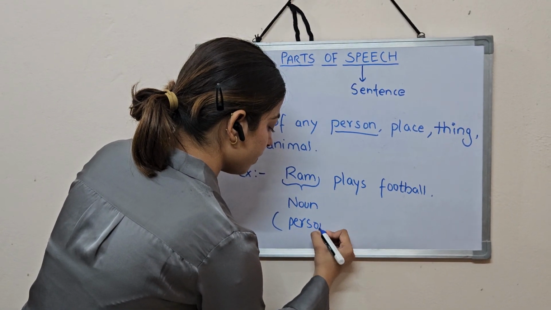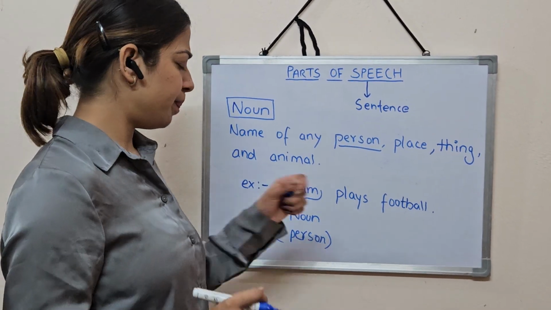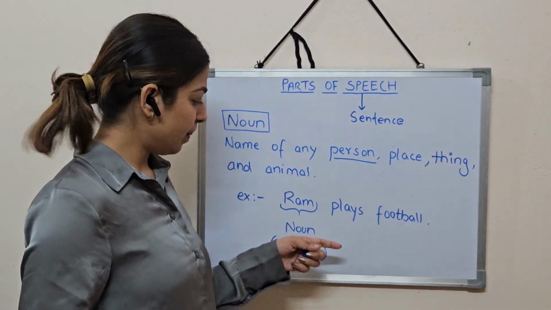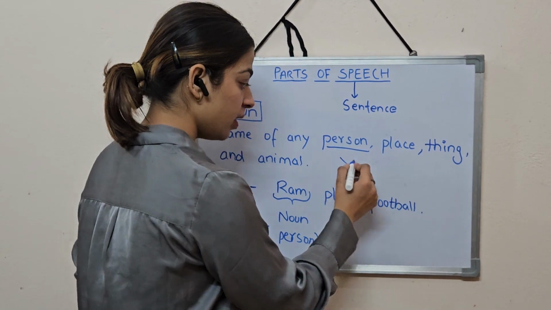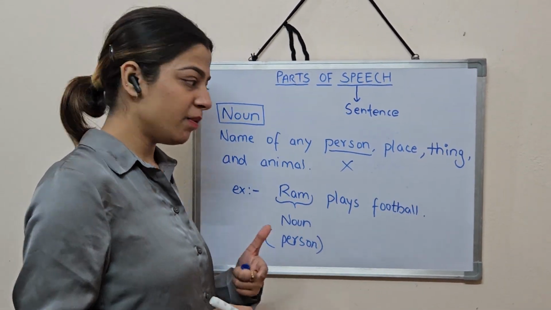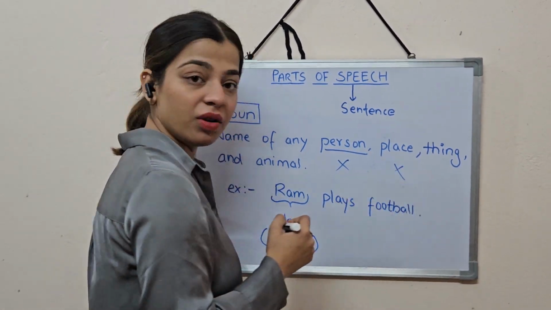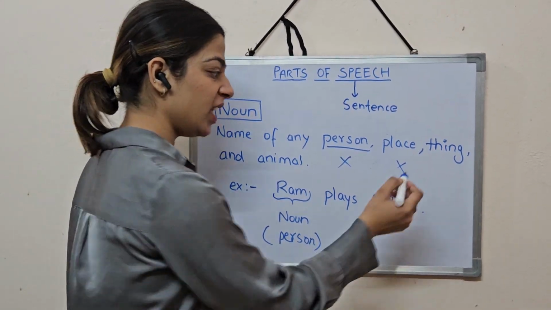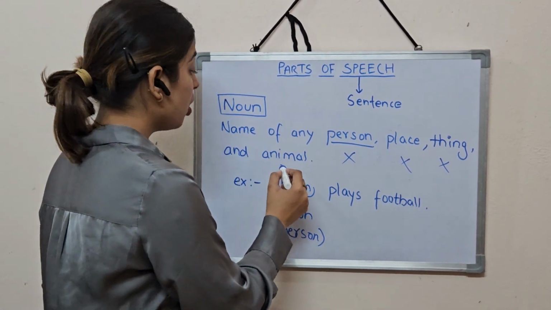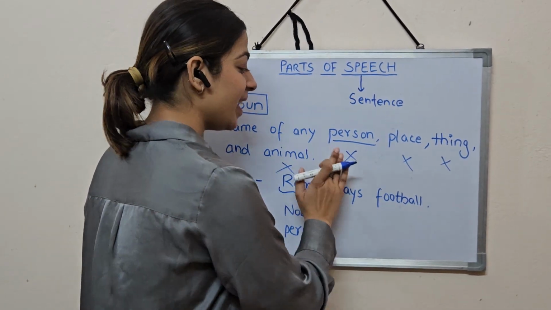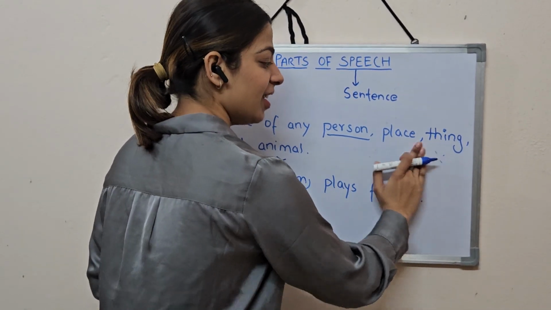Now, the next word is plays. Is plays the name of any person? No. Is plays the name of any place? No. Is plays the name of anything? No. Is plays the name of any animal? No. Which means plays is not a noun, right?